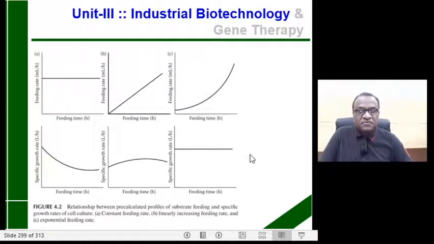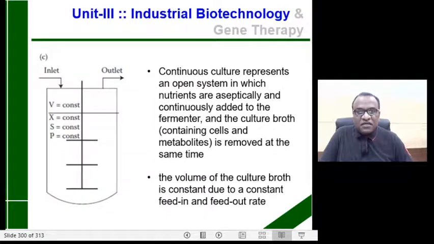So the proper choice of nutrient feeding enhances the culture performance. You can have a constant feeding rate, a linear increase in feeding rate, or exponential feeding rate. Clear? Now moving on to the next mode of operation, that is continuous culture.